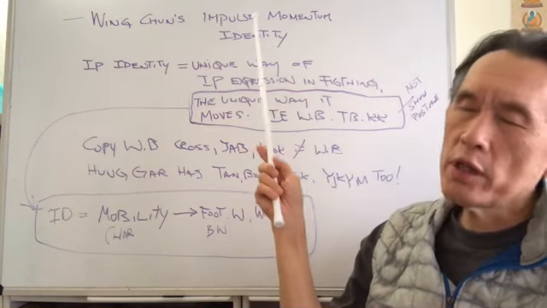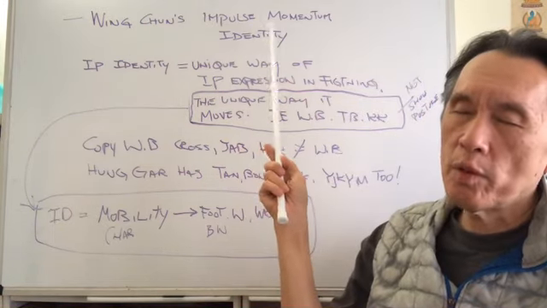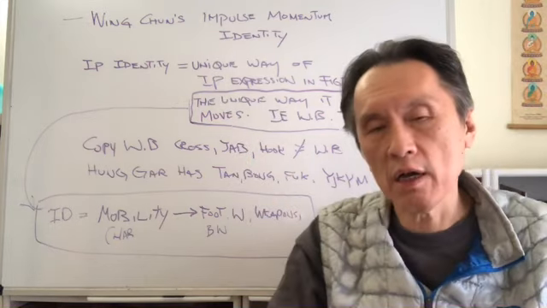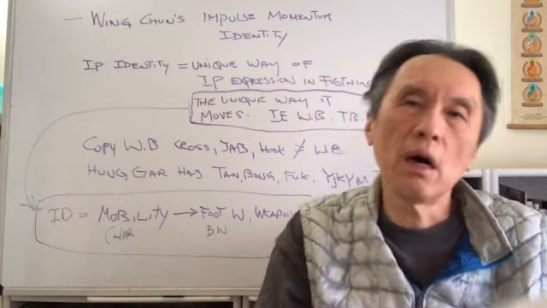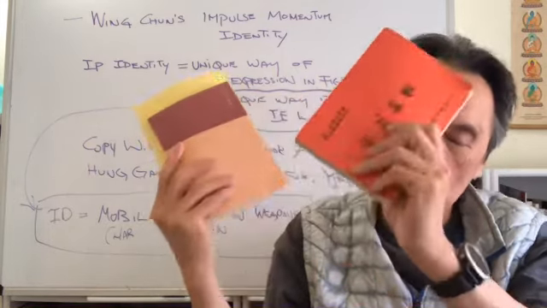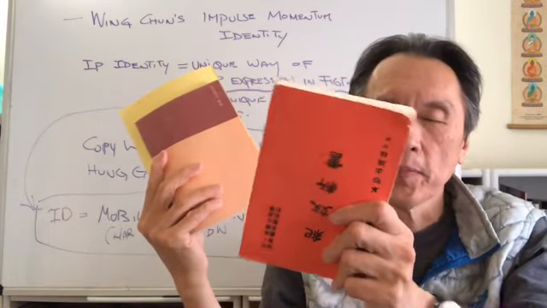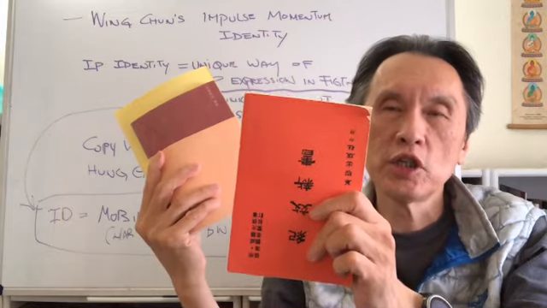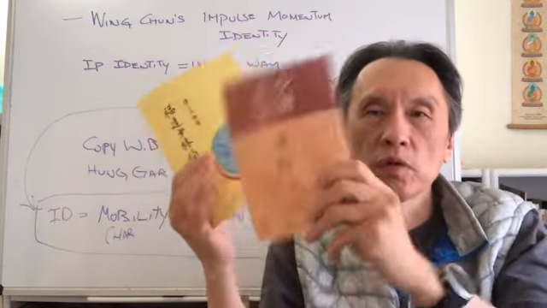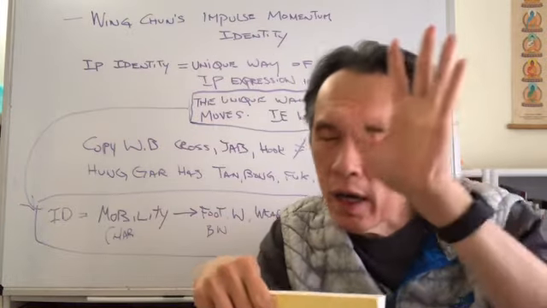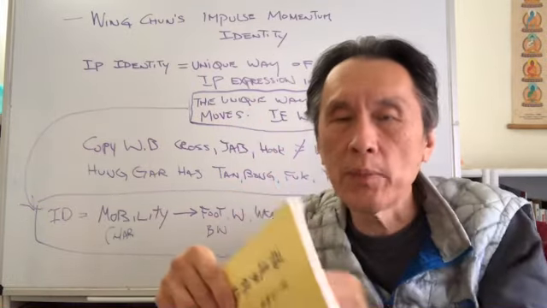I want to share with you on the impulse momentum identity because it is in all these books, the Qi Jiguang's book, the Shaolin short strike books, and all other old-timer books, and I pulled out a sample.